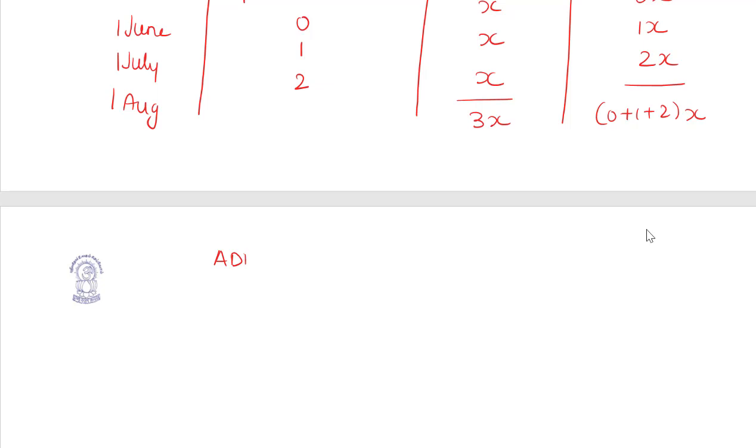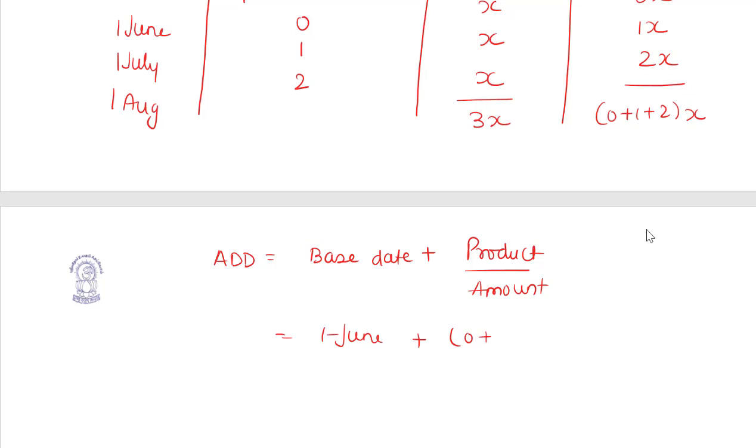Average due date equals base date plus product divided by amount. Base date is 1st June. Product is 0 plus 1 plus 2x by 3x.